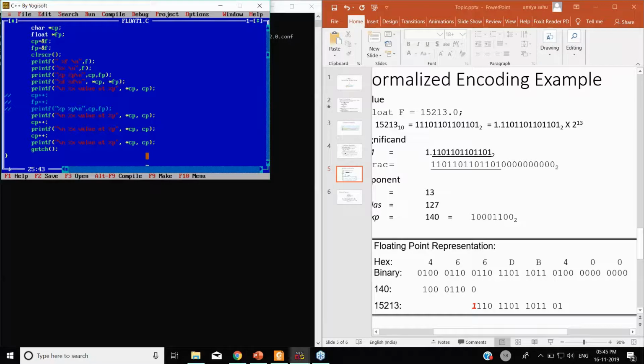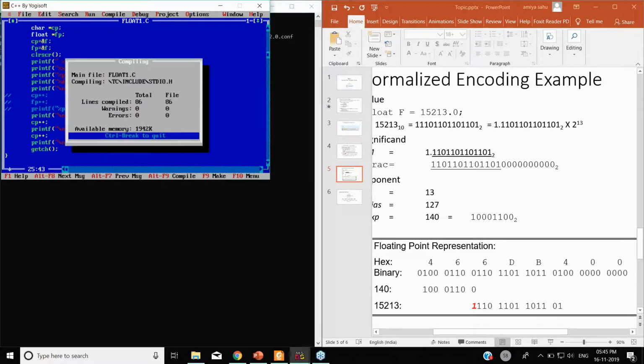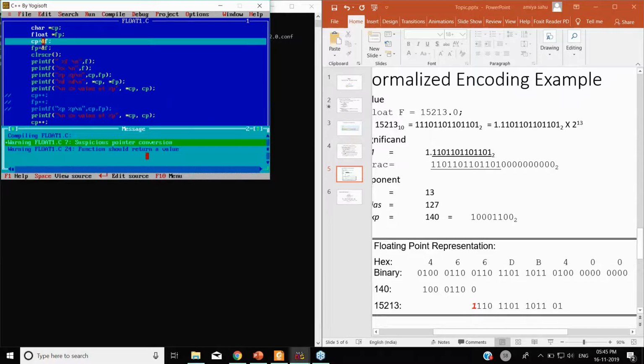Let's run it and find it out. I'll compile it first with Alt F9. It has 2 warnings. What are those? Suspicious pointer conversion. Why? Because I'm converting the float address to a character pointer.